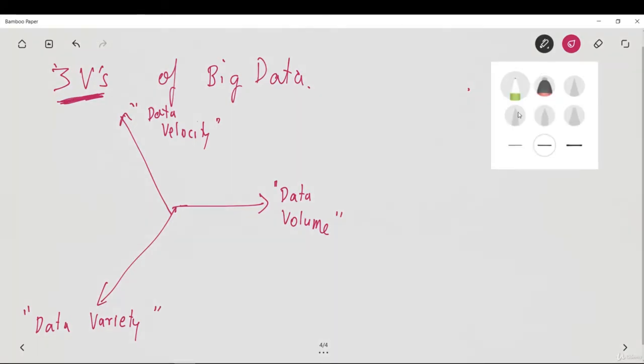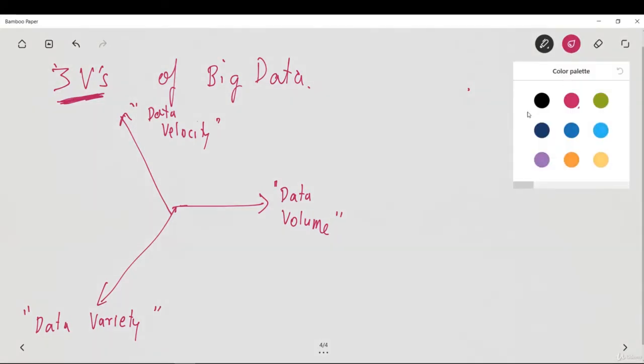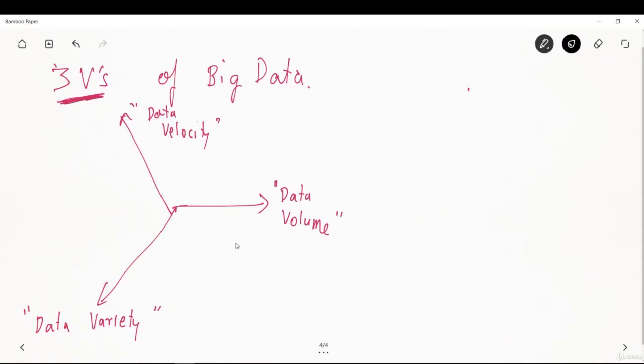Let's try to understand what all these 3 V's are. Let's start with data volume. Data volume can be measured in MB, GB, TB, petabytes, and so on. To understand how the data volume has increased, let's take an example.